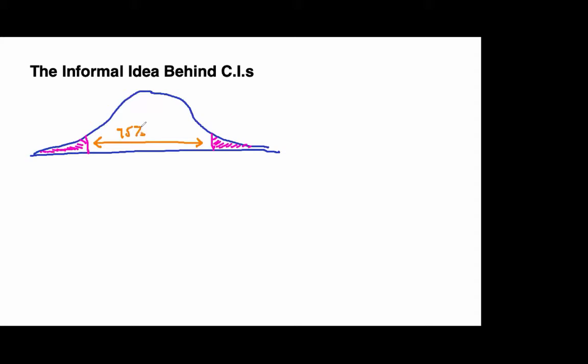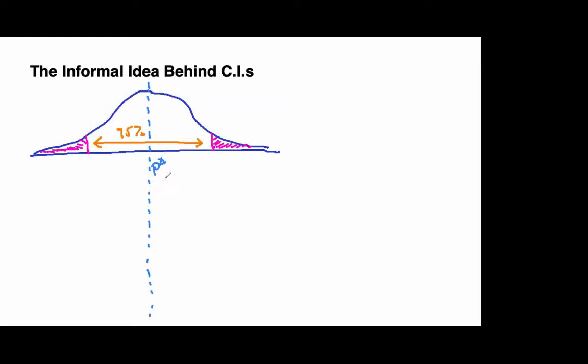of my population. Now, if I draw this, I know that there's some actual average. In this case, I'm referring to a population proportion just to make our lives easy. This position here is P star.